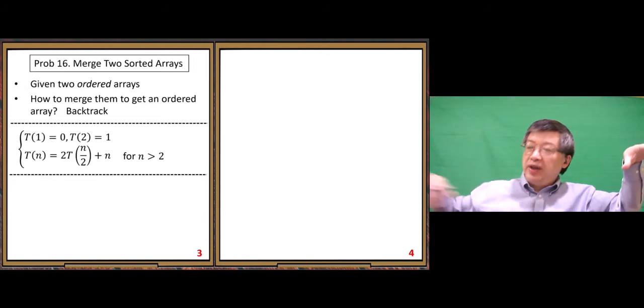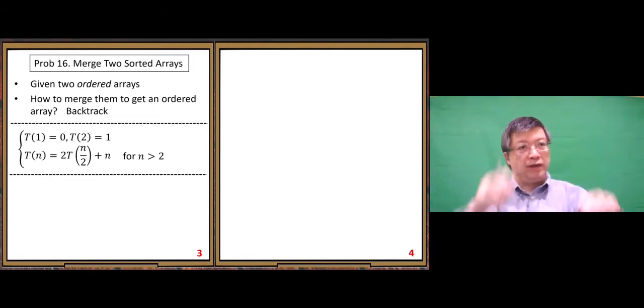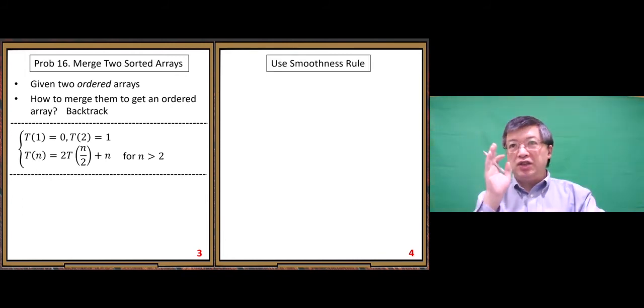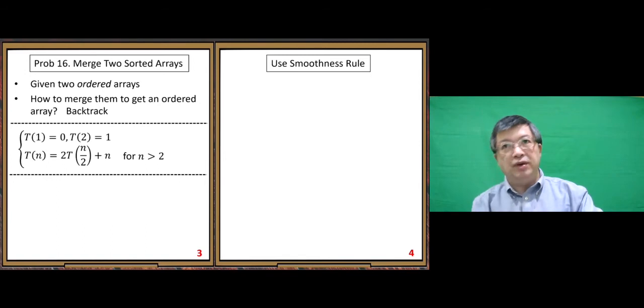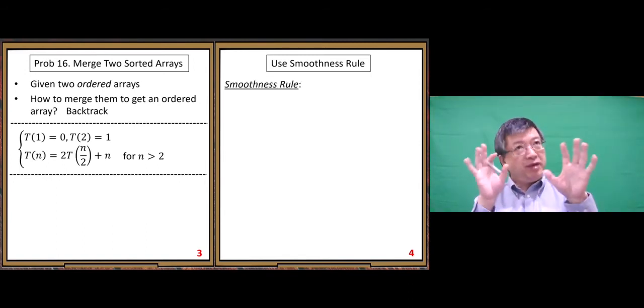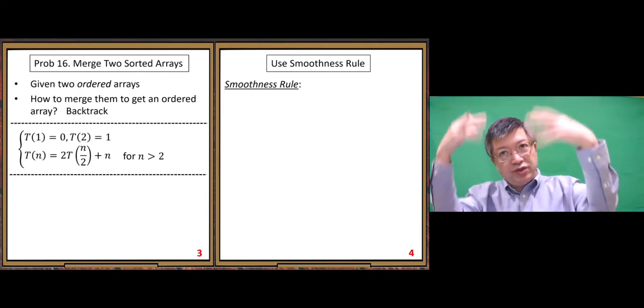The smoothness rule is another tool to solve the same problem. So let's see the smoothness rule. First, let's recall the smoothness rule a little bit. So what is the smoothness rule? I just copied it from the notes, module 3, part B.